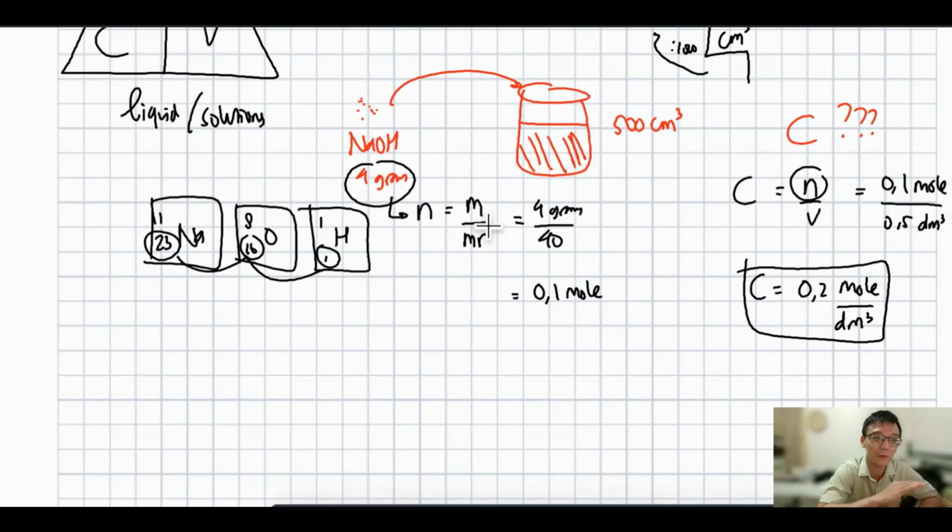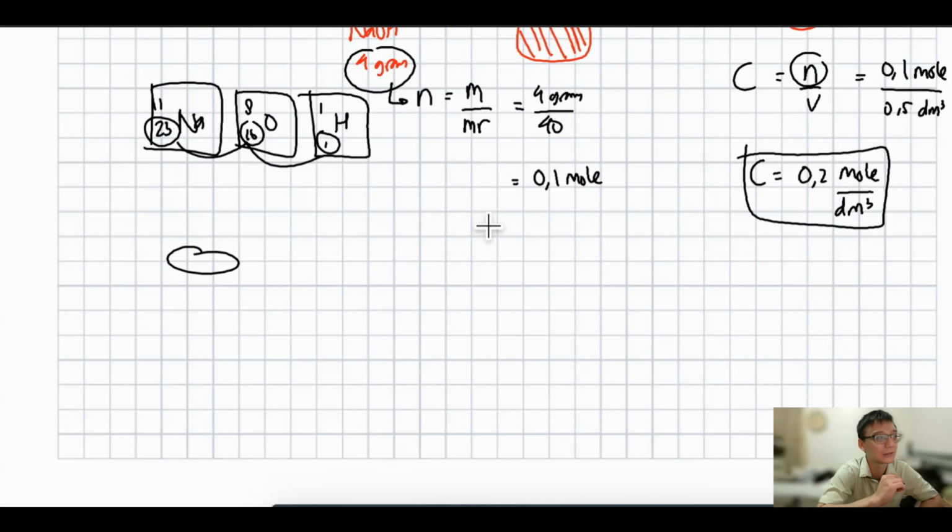So the concentration of salt would be the same because the molecules are spread out evenly in that solvent. However, of course, the amount of salt that you have in your spoon compared to the ocean would be different.